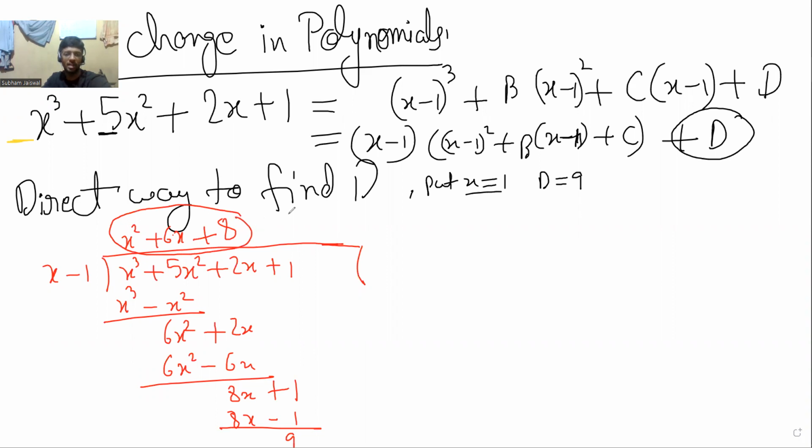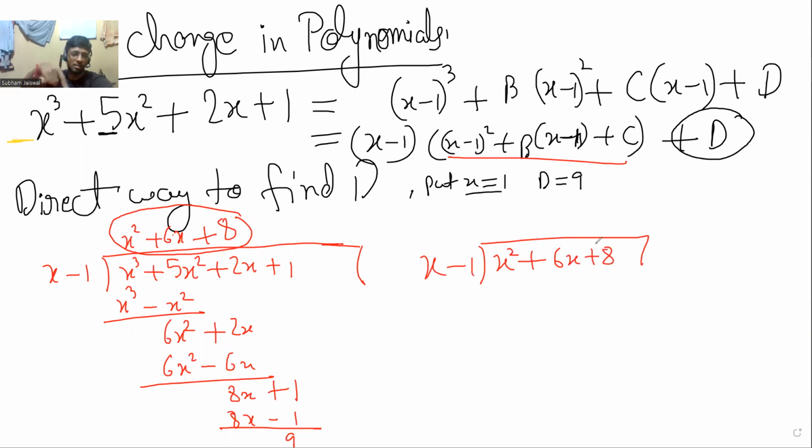And you have to now divide this by x minus 1 to find the C, the remainder. So again, you divide this by x minus 1. Conceptually, it's a very interesting thing. It's a quotient of the quotient. It's a remainder of the quotient, and the B term will be the remainder of the quotient of the quotient, everything divided by x minus 1.